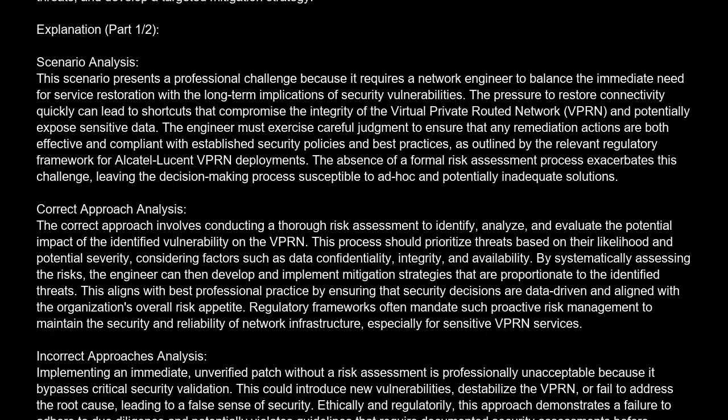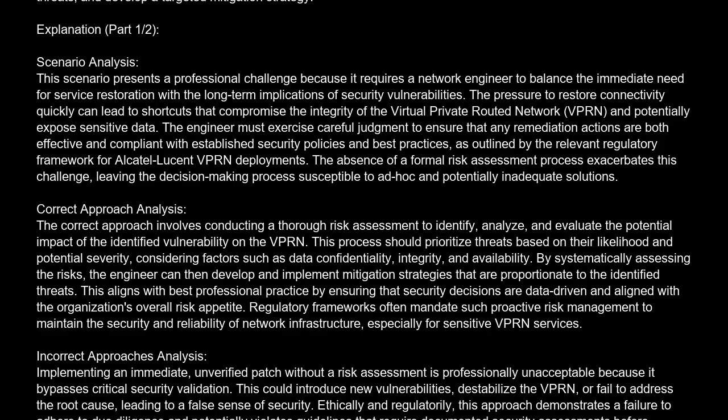By systematically assessing the risks, the engineer can then develop and implement mitigation strategies that are proportionate to the identified threats. This aligns with best professional practice by ensuring that security decisions are data-driven and aligned with the organization's overall risk appetite. Regulatory frameworks often mandate such proactive risk management to maintain the security and reliability of network infrastructure, especially for sensitive VPRN services.